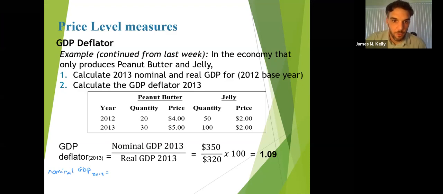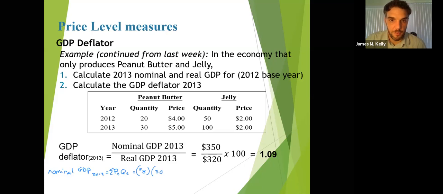So the summation of P_t and Q_t is going to equal the price of peanut butter in 2013, which is $5, times the amount of peanut butter produced, which is 30, plus the price of jelly in 2013, $2, times how much jelly is produced, 100.